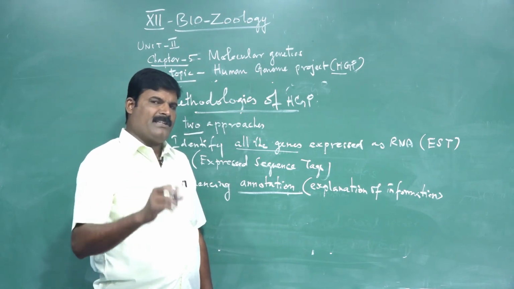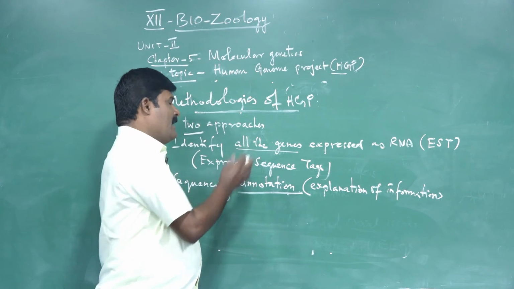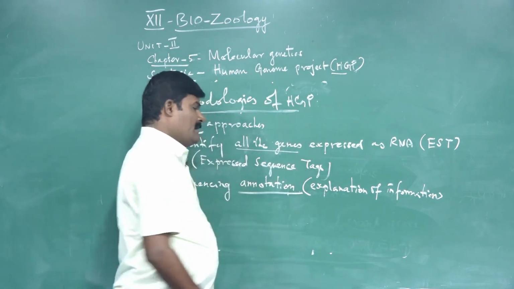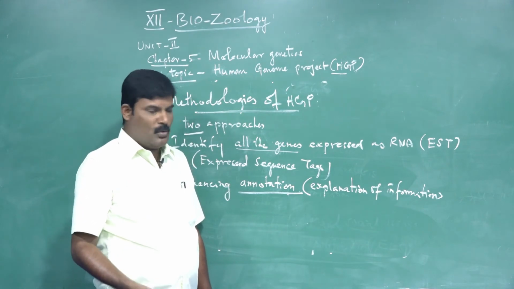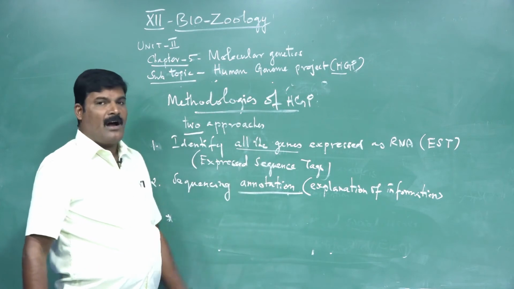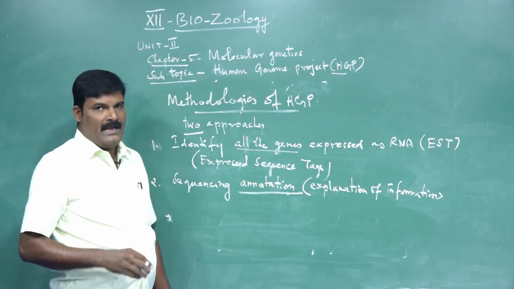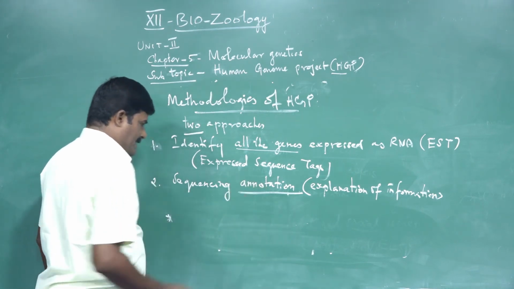The clear information or note, any information. For example, this Human Genome Project is one of the detailed explanations through notes, which is called annotation. So HGP is annotated data, fully explained. So this is the sequencing annotation.